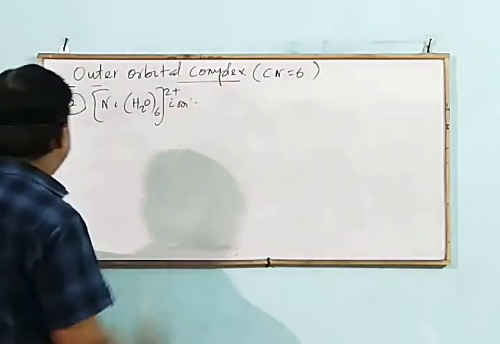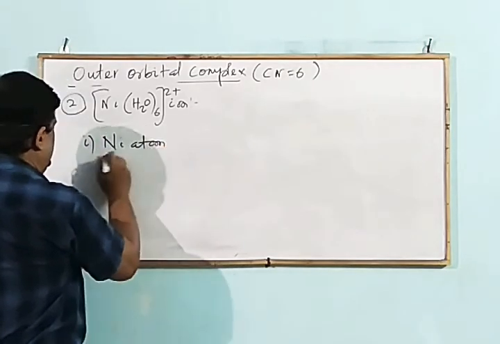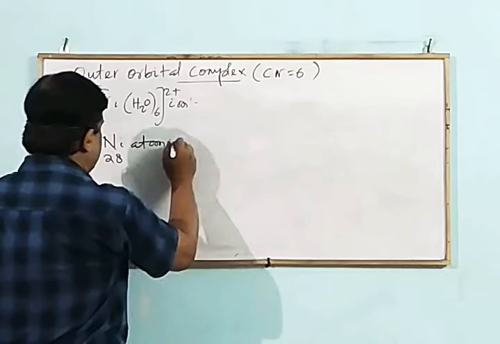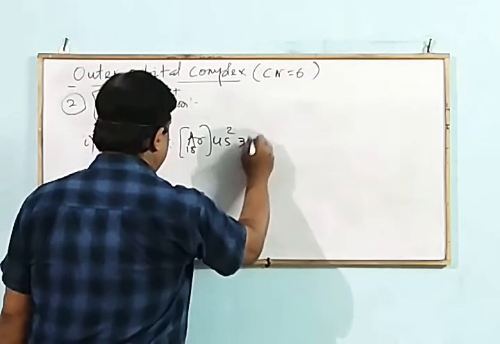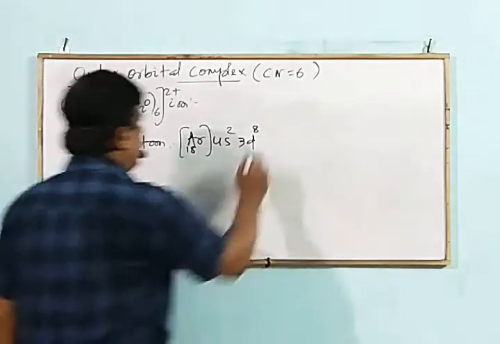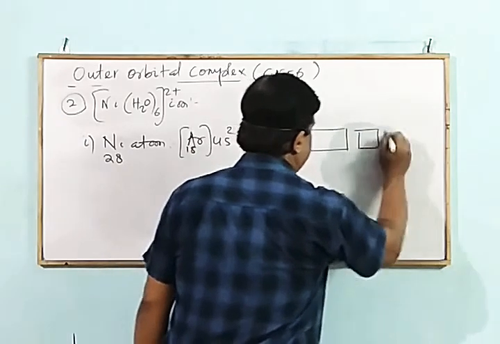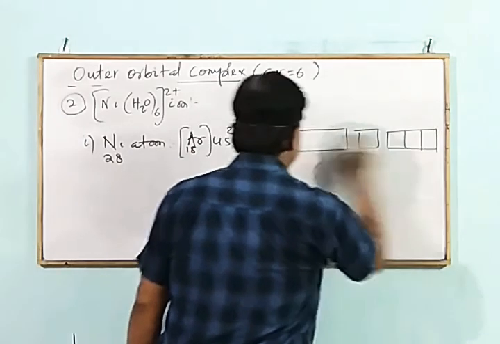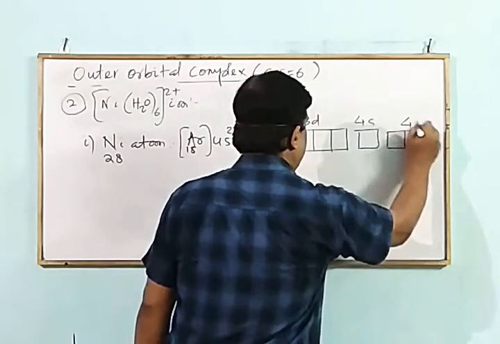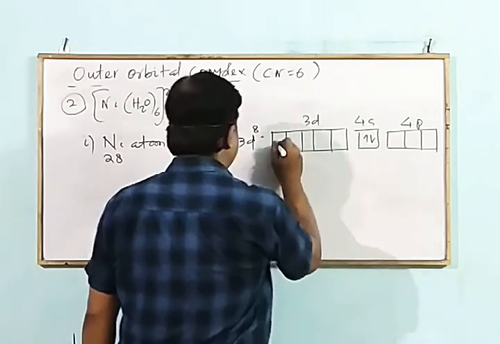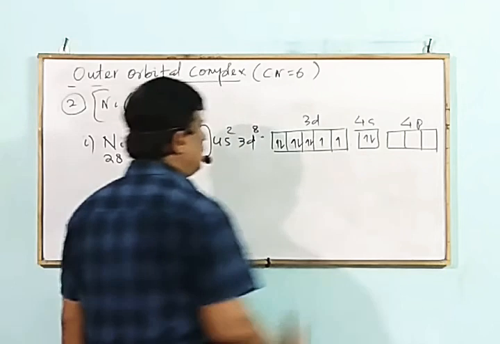From this complex it is clear that the central metal atom is nickel, atomic number 28. So the noble gas configuration is argon 18, 4s2, 3d8. The expected box-like diagram: it is 3d, 4s, 4p, 4s2, 3d8, 1, 2, 3, 4, 5, 6, 7, 8.